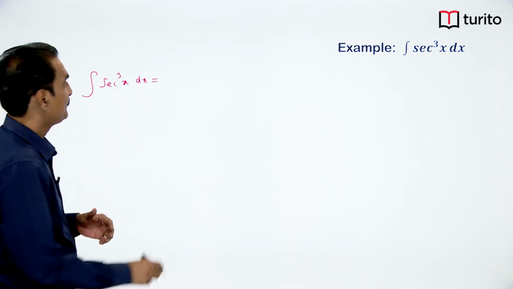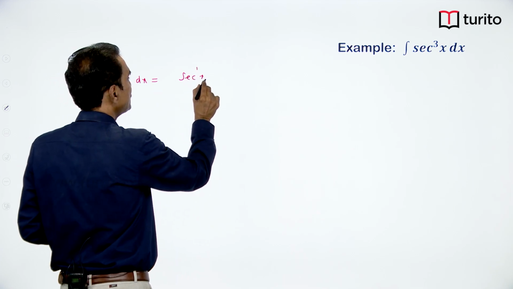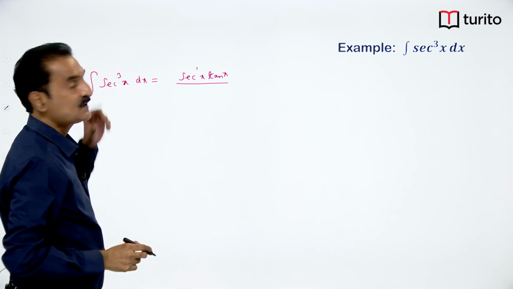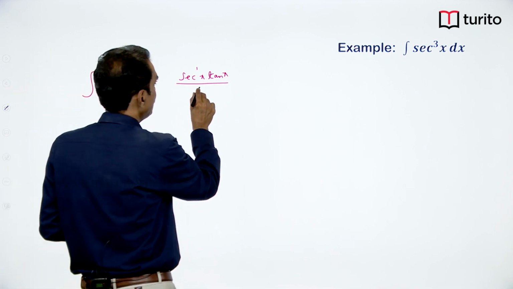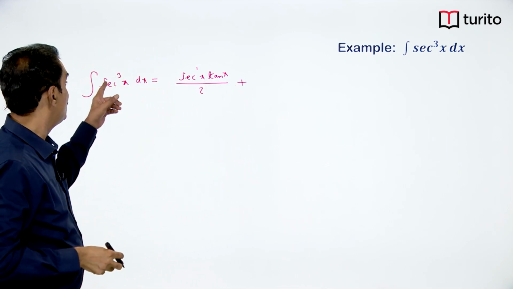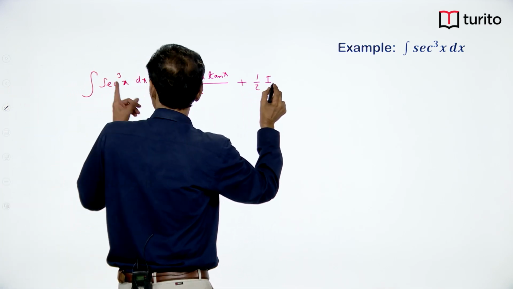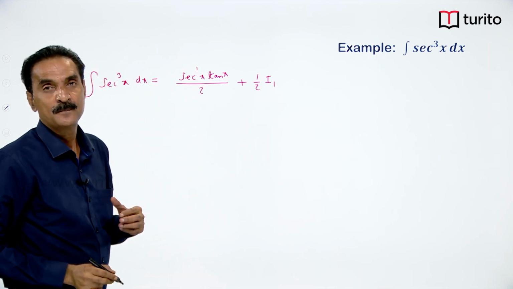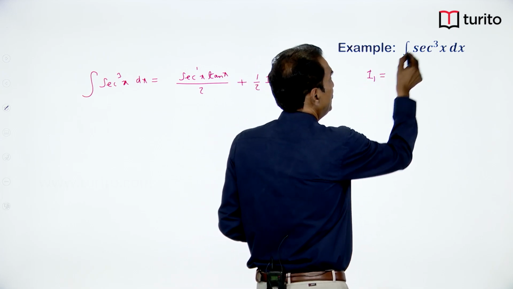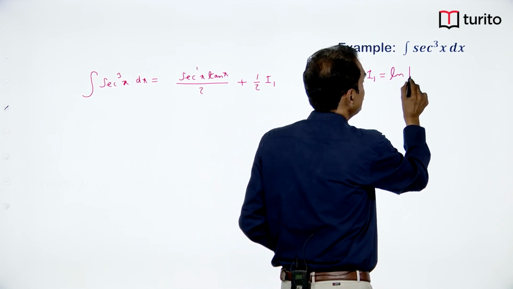Applying that formula, secant power n minus 2, n minus 2 means secant power 1x into tan x by n minus 1, n minus 1 is 2, plus n minus 2 by n minus 1 is 1 by 2 into I3 becomes I1. What is I1? If the power is 1, integral secant x is log mod secant x plus tan x.